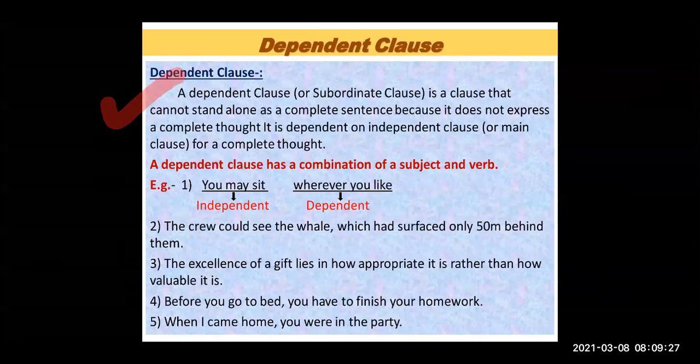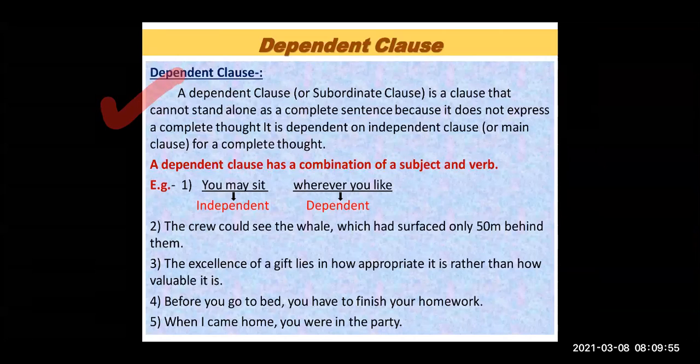It is dependent on an independent clause, or main clause, for a complete thought. It doesn't have the full meaning. The sentence cannot stand alone. It needs the help of an independent clause for a complete thought, for a complete meaning.